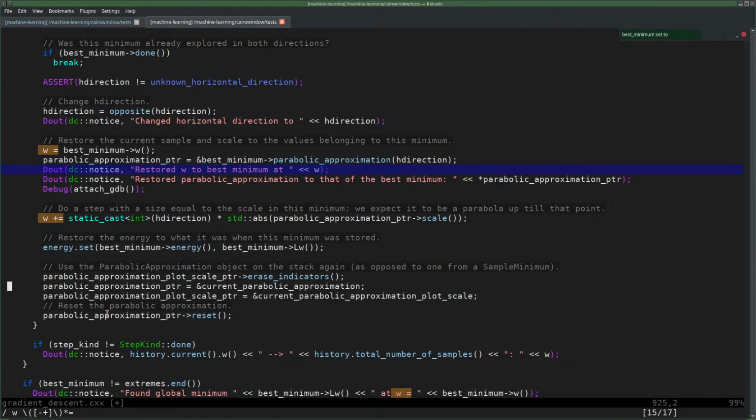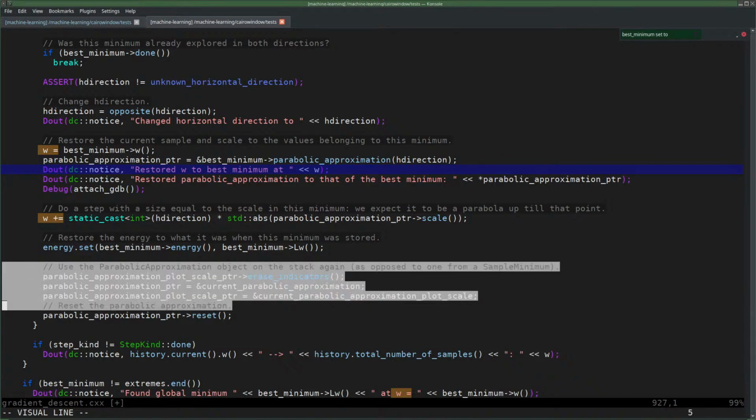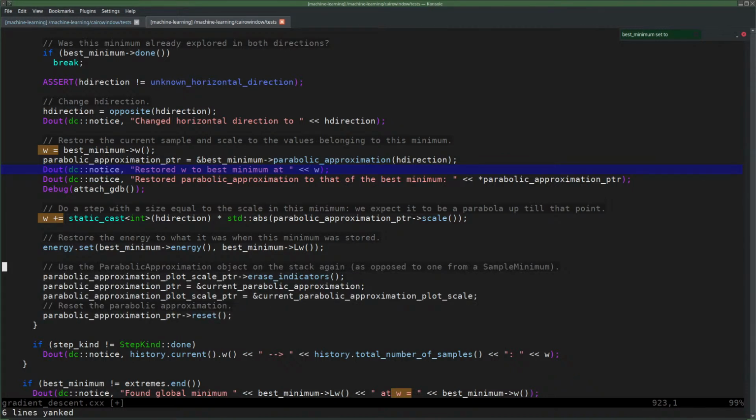And then the whole parabolic approximation is reset, but it's not the one that was in the minimum, but the thing that we work with right now. I guess I'm going to copy all of this because I can't remember it.